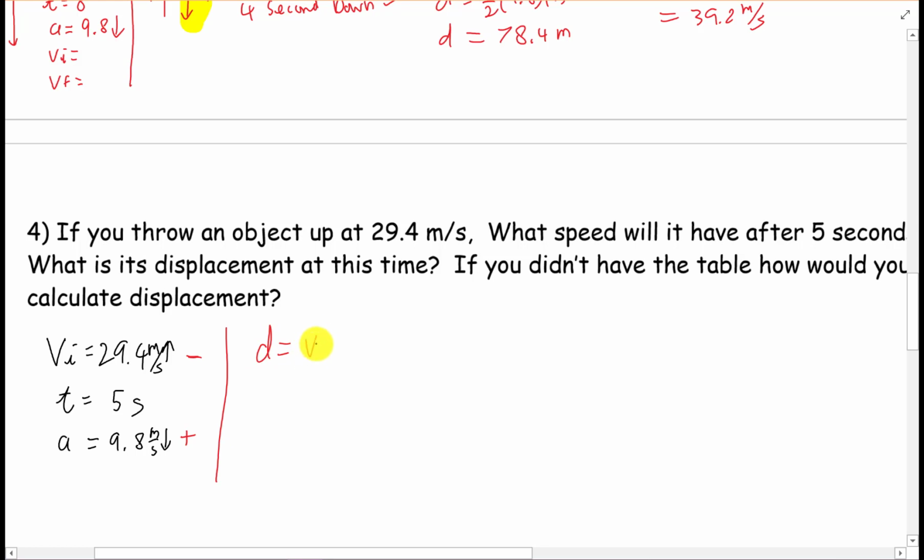Displacement is equal to VIT plus 1/2 AT squared without the VF, and this is easy. Watch, this is going to be good. Negative 29.4 times 5 plus 1/2 times 9.8, and that's going to be positive, times 5 squared.